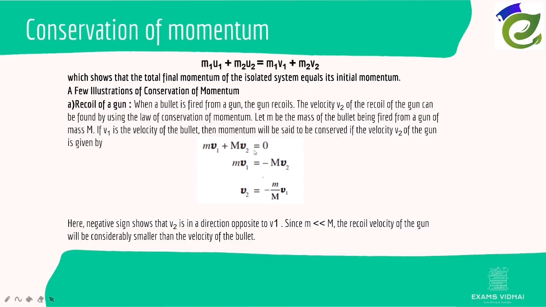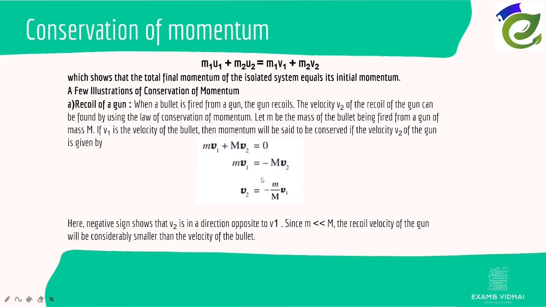According to the law of conservation of momentum, m1 u1 plus m2 u2 is equal to m1 v1 plus m2 v2. But initially the gun and the bullet are at rest. Therefore, u1 and u2 are 0, and the left hand side becomes 0. Therefore, small m v1 plus big M v2 is equal to 0.